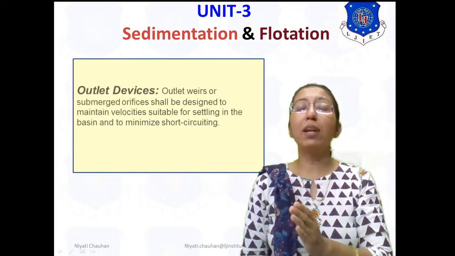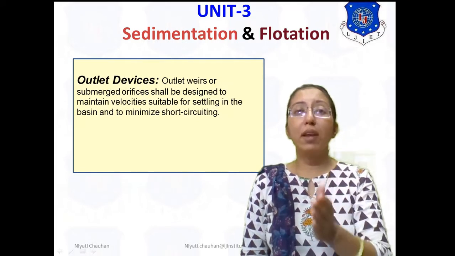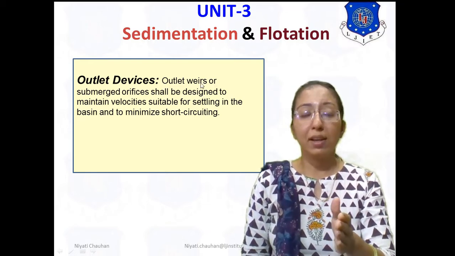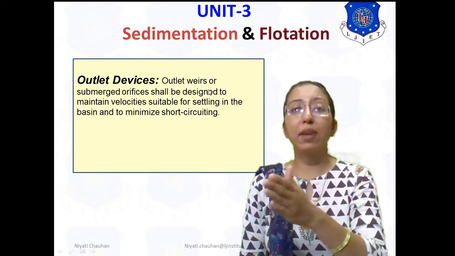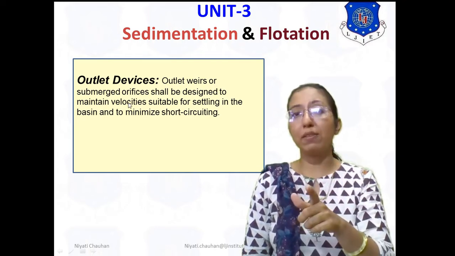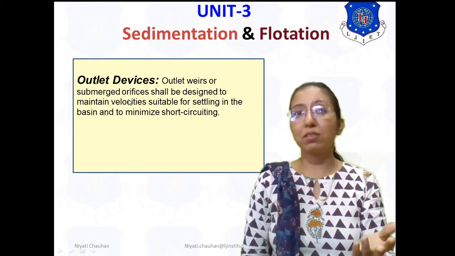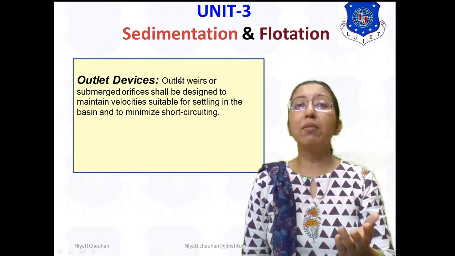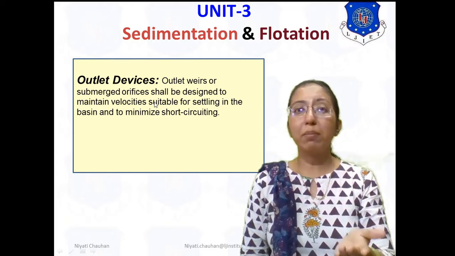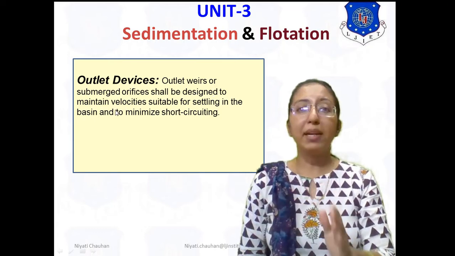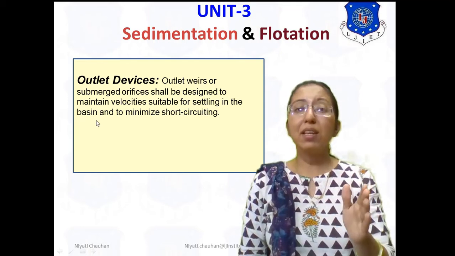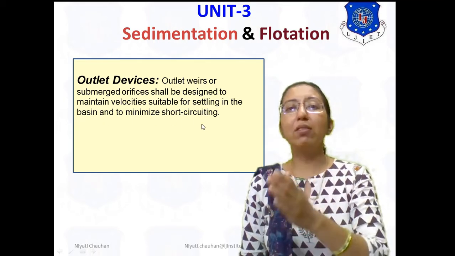Next, outlet devices: outlet weirs or submerged orifice. Listen, outlet weirs can be said to be submerged orifice. An MCQ can be asked on a similar term. The submerged orifice shall be designed to maintain velocity suitable for settling in the basin and to minimize short circuiting.